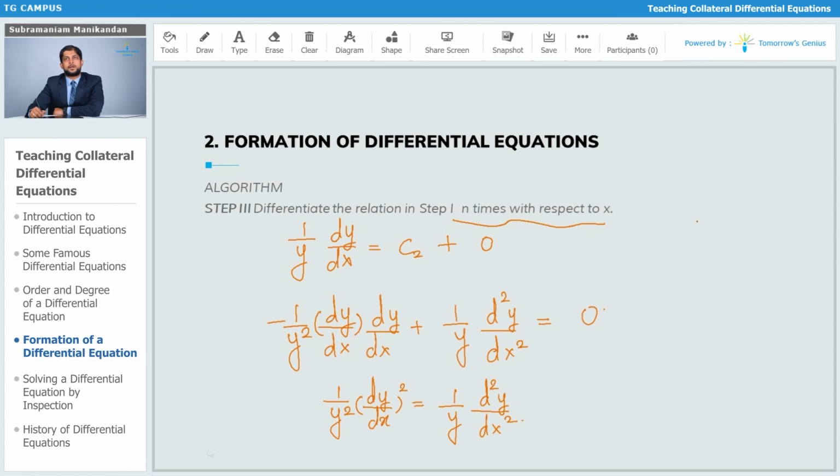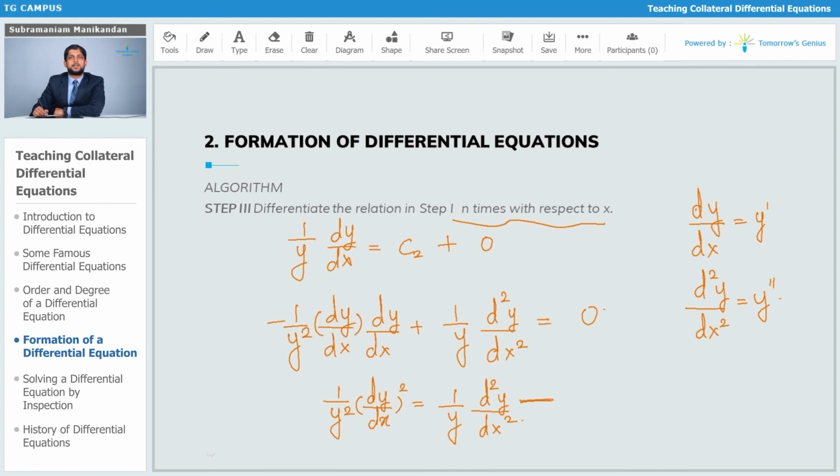Now substituting this large and unwieldy term dy by dx simply as y dash, that is, the first order derivative of y with respect to x is indicated as y dash, and so the second order would be simply denoted as y double dash.